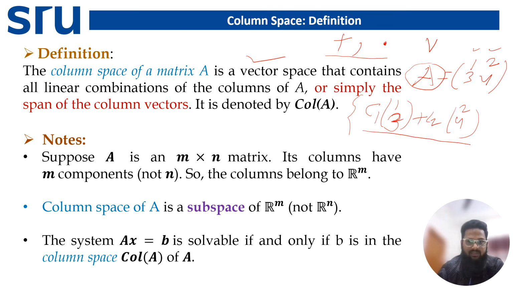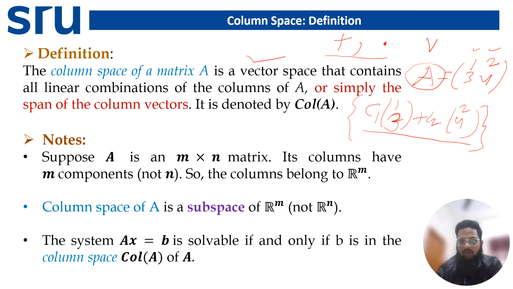Now if we give the set form, this total set is called the linear combinations of columns of the matrix A. Another name for this is span. So column space is nothing but the span of the column vectors.